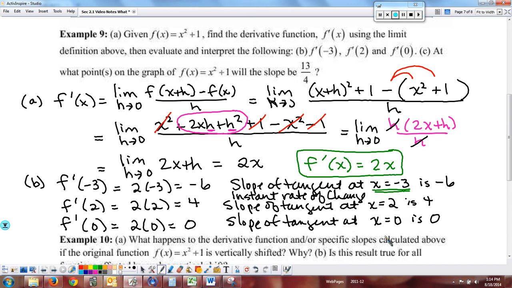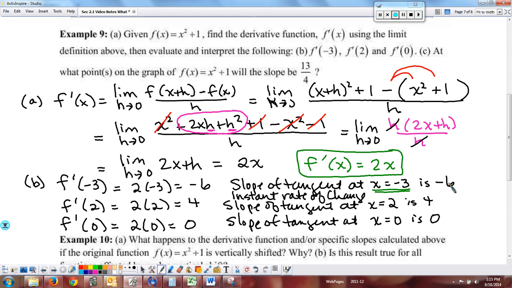Another way to think of this, if we were actually talking about instantaneous rate of change, your speed, how fast you're going, or really your velocity, okay? Velocity is where you have direction as well as magnitude, positive direction, negative direction, and so on. What you can say about this function is that your instantaneous velocity, instantaneous rate of change at x equal to negative 3 is negative 6.